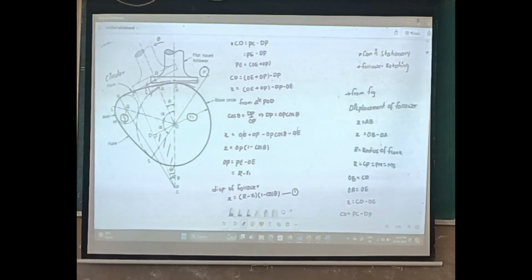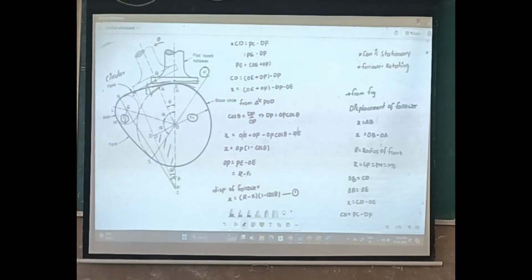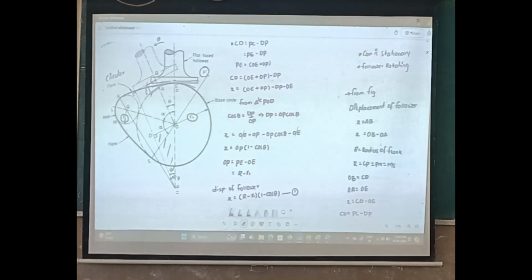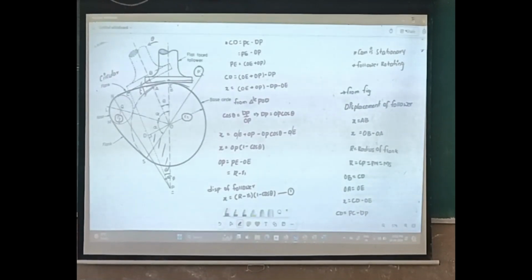This is the equation of the follower, which is satisfied when the follower moves for any angle theta and the point of contact is on the circular flank. Now, if you differentiate this equation with respect to time, we are going to get the velocity of the follower.